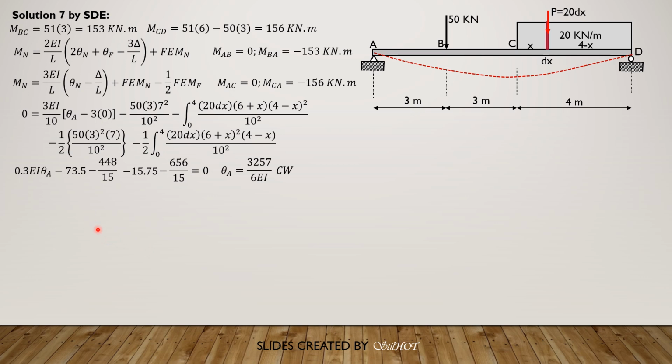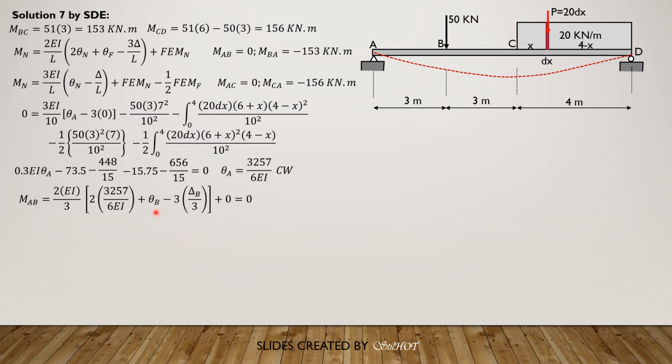Then we now consider AB. So moment AB is 0 and it is 2EI over 3. We use 2EI over 3 because there is moment at the far end which is B. So quantity 2 times theta A plus theta B minus 3 times delta B over L, which is 3. Then because there is no load between A and B, because we imagine A and B are fixed and the load is at B, it cannot produce moment when the load is at the fixed end.